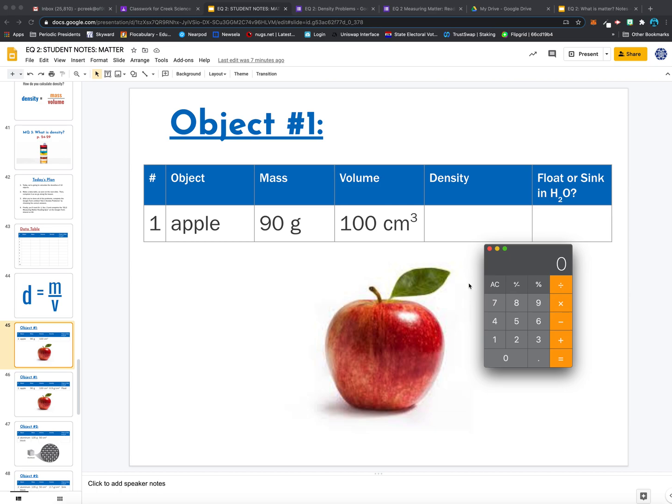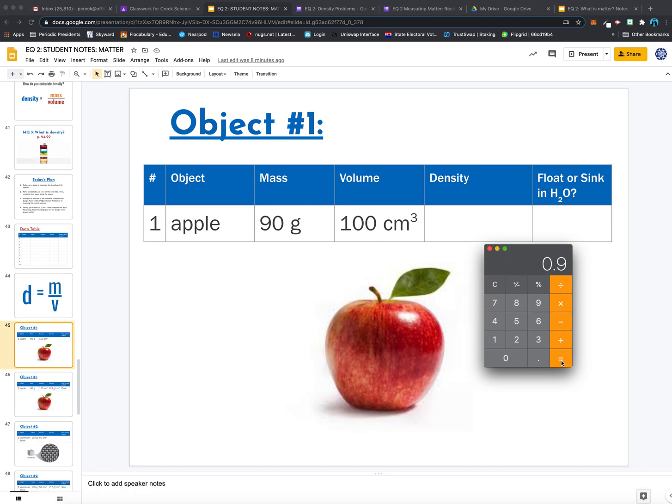So number one, you need to figure out what is the formula. And the formula is mass, which is 90 grams, divided by volume, which is 100 centimeters cubed, or 100 cubic centimeters. So on our calculator, we take 90 divided by 100, and we get 0.9. All right, so the number part of your answer is 0.9.